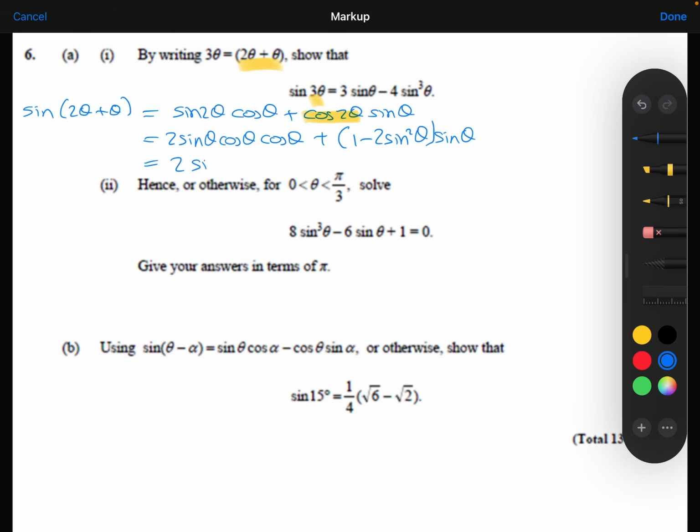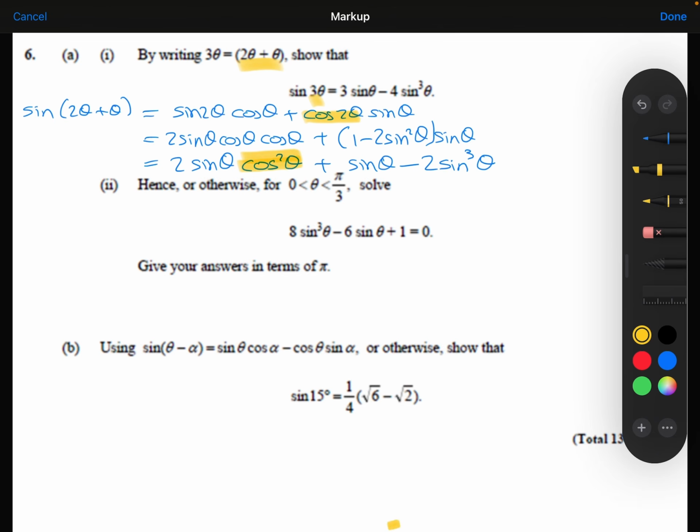So 2 sine theta cos theta times cos theta is cos squared theta. Then I've got the 1 times sine theta is sine theta, and the 2 sine squared theta times sine theta is 2 sine cubed theta. The only other thing I need to deal with now is this cos squared.